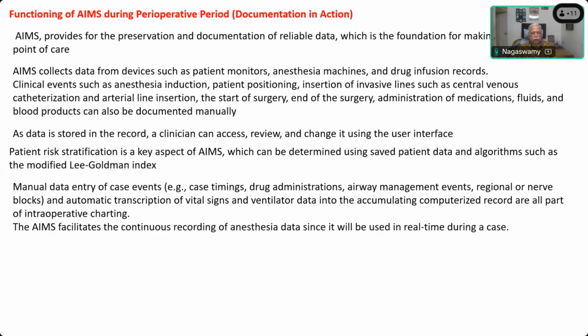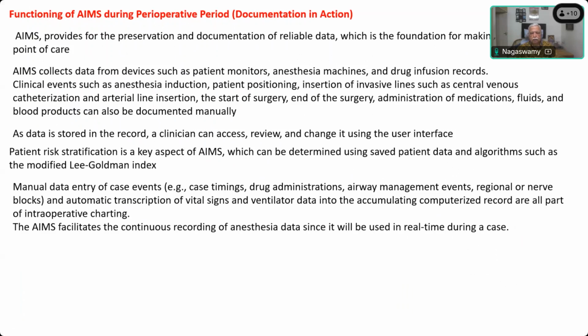For example, when they do cross clamping for an aortic aneurysm, you can see what the BP was before clamping, after clamping, and every minute or every 30 seconds, if you set the timing, and get the whole picture, which you cannot do when you do it manually.